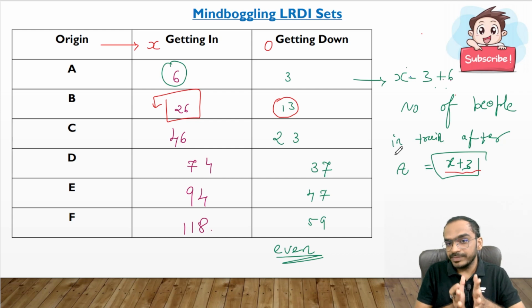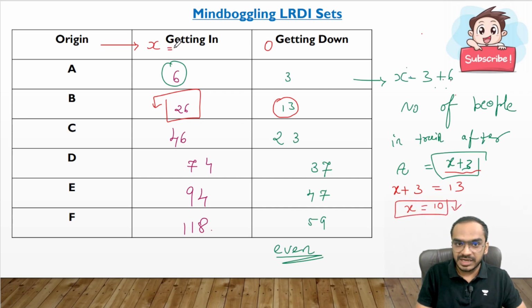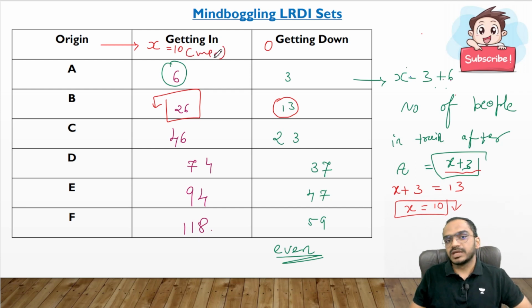So for 13 people getting down, there must be minimum number of 13 people in the train already. So that means this x plus 3 should be minimum 13, right? So that means x is equal to how much? 10. The minimum possibility of train starting at the originating station should be 10.